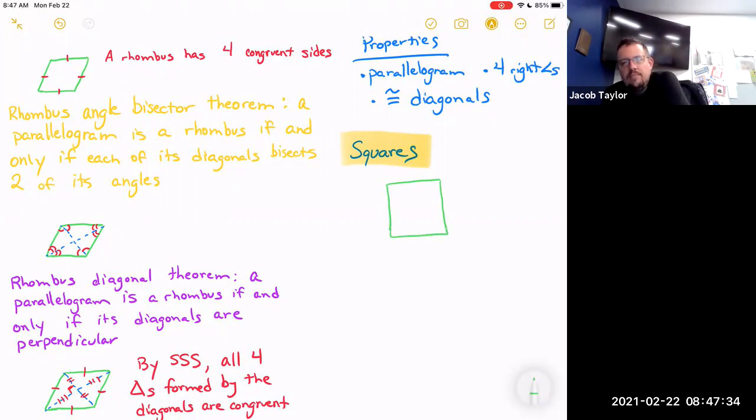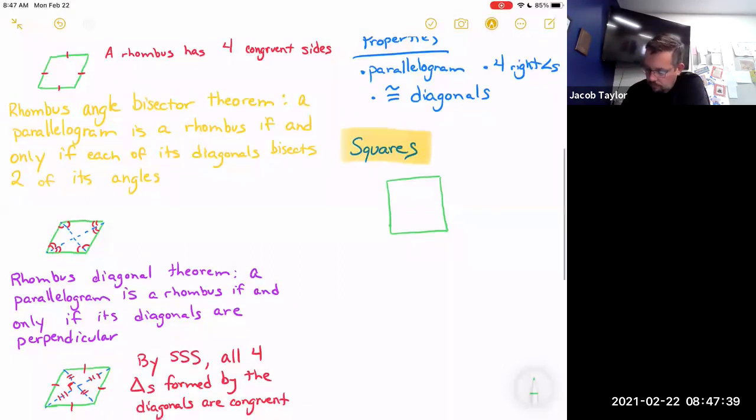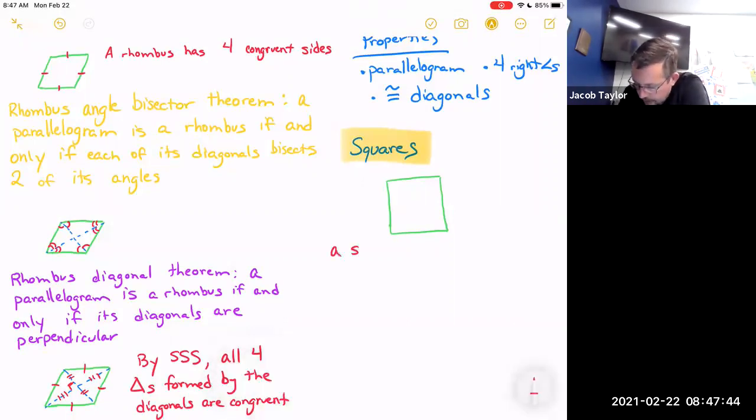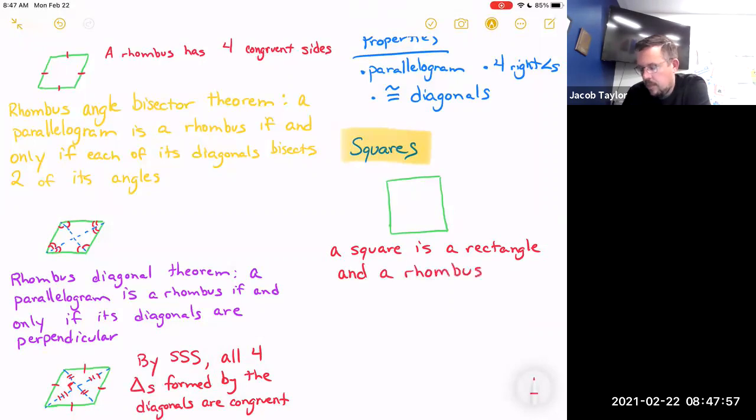Okay, here's the squares. A square is intense. A square is a rectangle and a rhombus. So a square is a parallelogram, so it has all the properties of a parallelogram. It's a rectangle, so it has all the properties of a rectangle, and it is a rhombus, so it has all the properties of a rhombus.